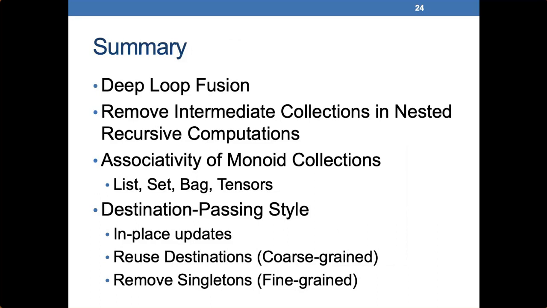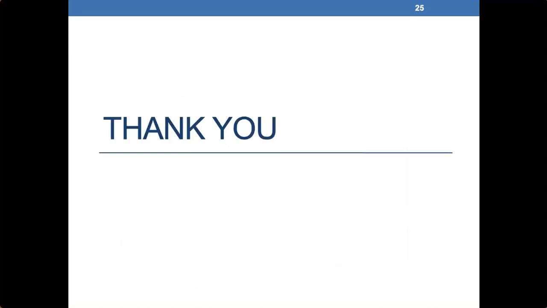But I've introduced 2 optimizations, where we can reuse the destinations in order to get rid of these intermediate collections at a coarse grain level of granularity, and also remove the singleton collections that are constructed, in order to apply an optimization at a finer level of granularity. Thank you so much for your attention.